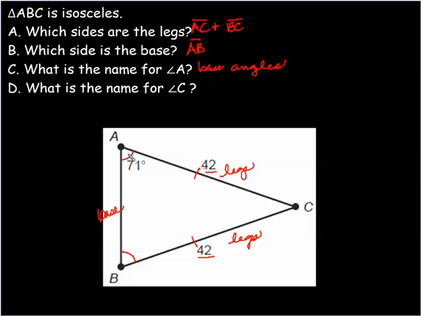So you can even write on there base angle, and then over here we can write base angle. And then what is the name for angle C? That is going to be your vertex angle. So I'm going to write up here vertex angle.